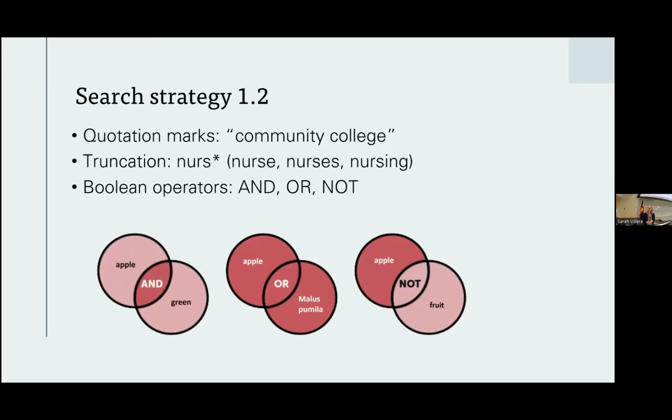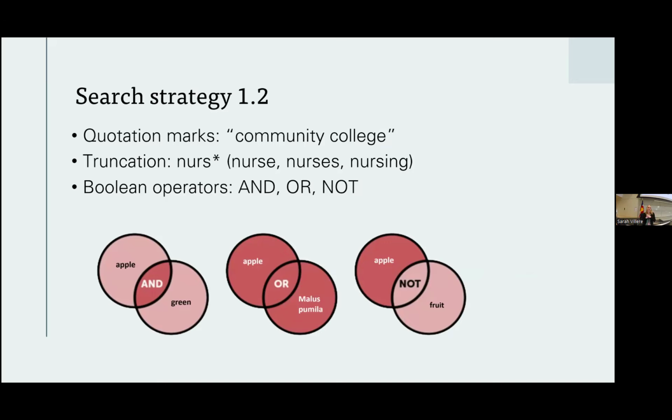The second thing is how to broaden or narrow your search. There are a couple of different strategies. The first one is quotation marks. If you put quotes around a phrase, it's going to tell the database to look for those words in that exact order, and they have to be together. So community college with quotations around it is going to pull articles with the phrase community college listed.